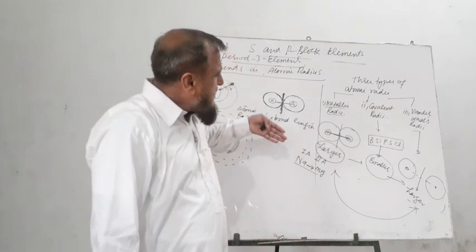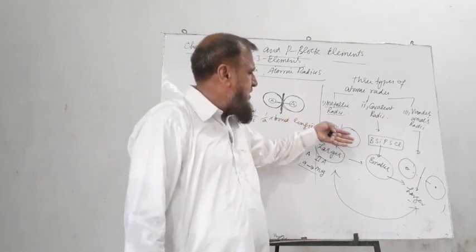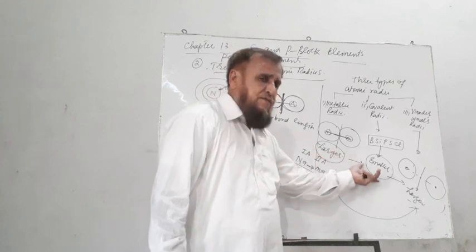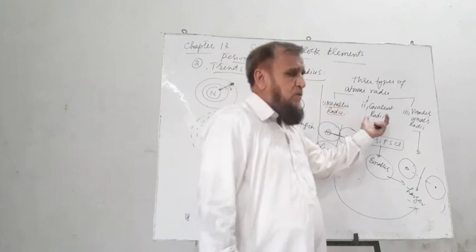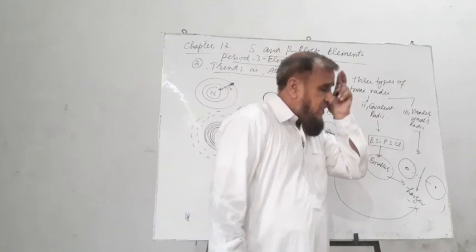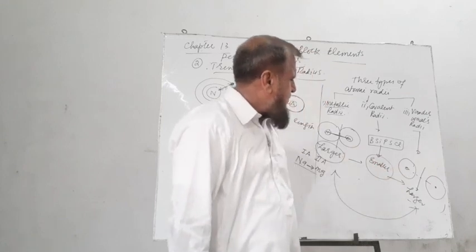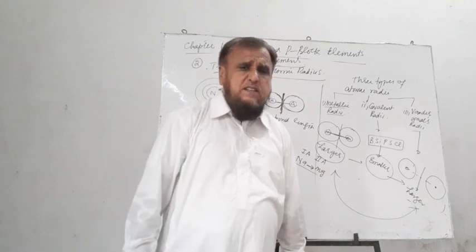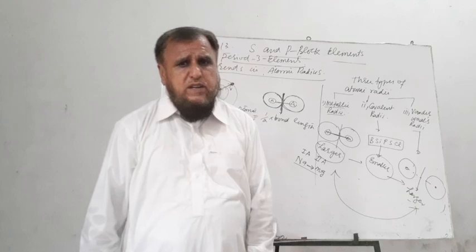So the general trend is that as we move from left to right in the periodic table, the atomic radii decrease from metallic radii to covalent radii. Van der Waals radii may be smaller or larger than metallic radii, but they are always larger than covalent radii.